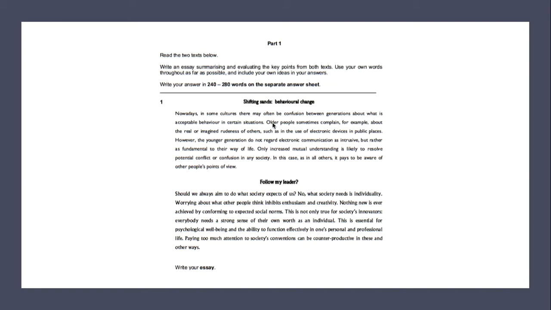So it sort of juxtaposes, it compares older people who may find some behaviors rude and younger people who may not find some behaviors, for example, electronic device usage, rude. It concludes by stating that we need to better understand each other in order to avoid conflict or confusion. Okay, so being aware of other people's points of view is essential. Now we've got another text.